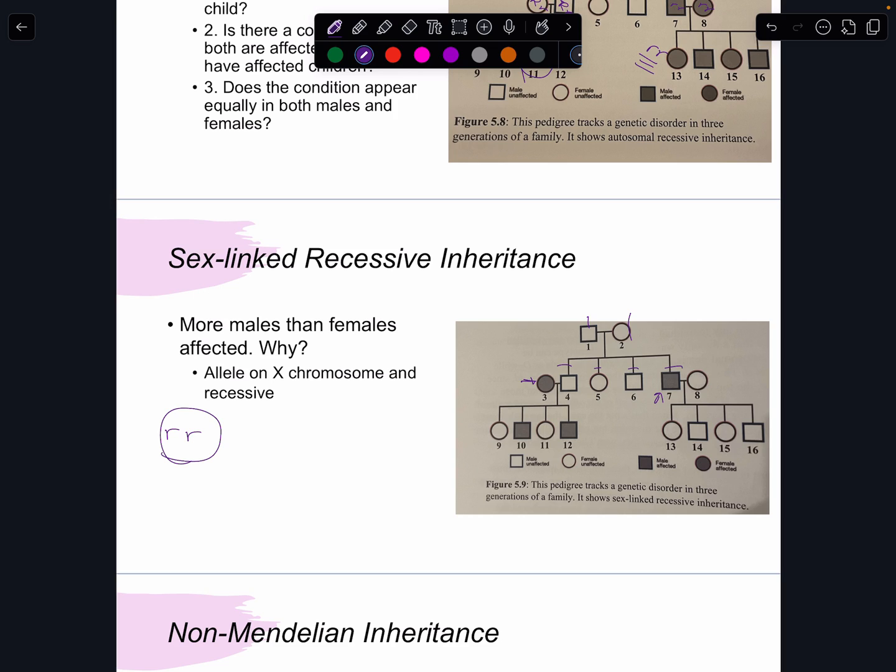Meaning they may be carriers, but they're not affected because it must not be recessive. So none of these have the lowercase r. But on this side, you see the female is the one that's affected and expresses it.